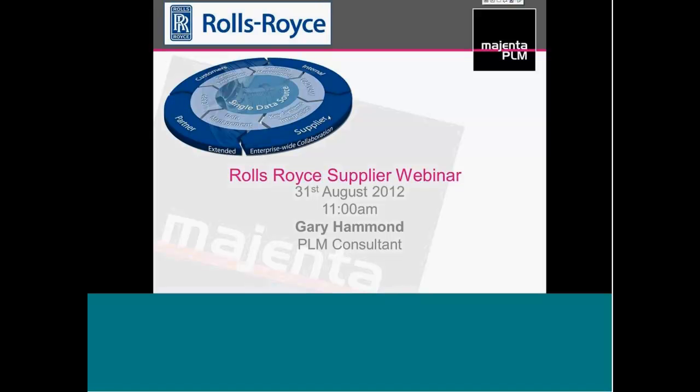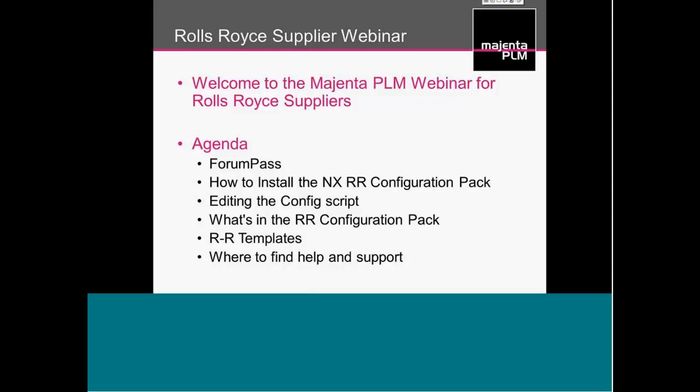So without further ado, let's move on to the first slide. Okay, so the agenda for today, we're going to have a look at ForumPass briefly. Hopefully you should have all received information from Rolls-Royce by this time with your username and password. If you haven't, then we can supply you the NX Rolls-Royce configuration pack.